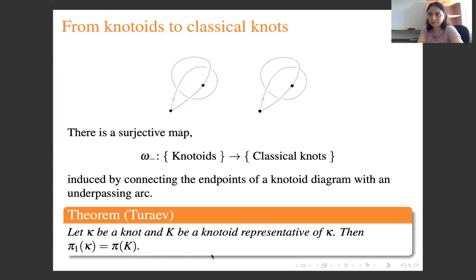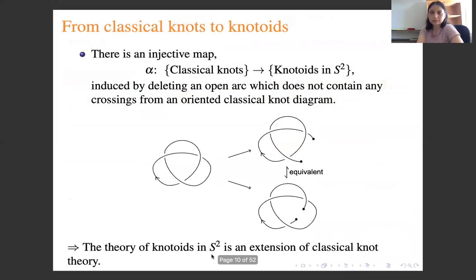So knotoids can be used for representing classical knots and for computational reasons, for making the computations less complex. But knotoids can also be studied for their own sake. Actually, we have a well-defined injective map from the set of classical knots to the set of spherical knotoids.